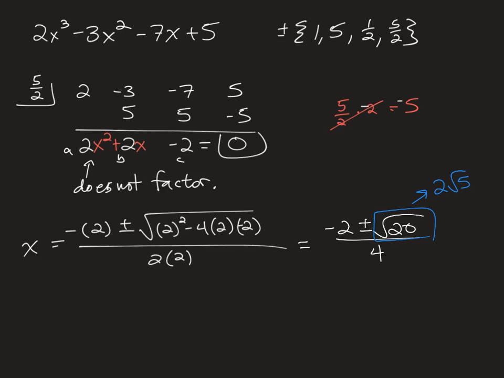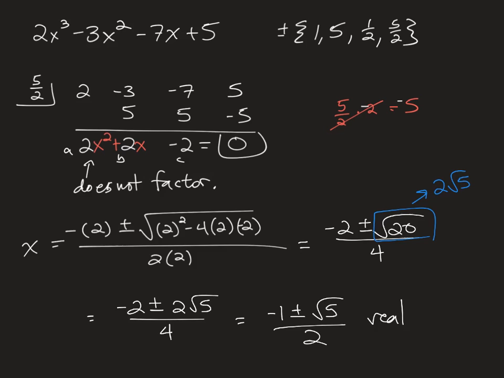Then, from there, you'll notice that when I rewrite this, each term in the numerator and each term in the denominator can be divided by 2. So do it. That leaves you with negative 1 plus or minus square root of 5 over 2.